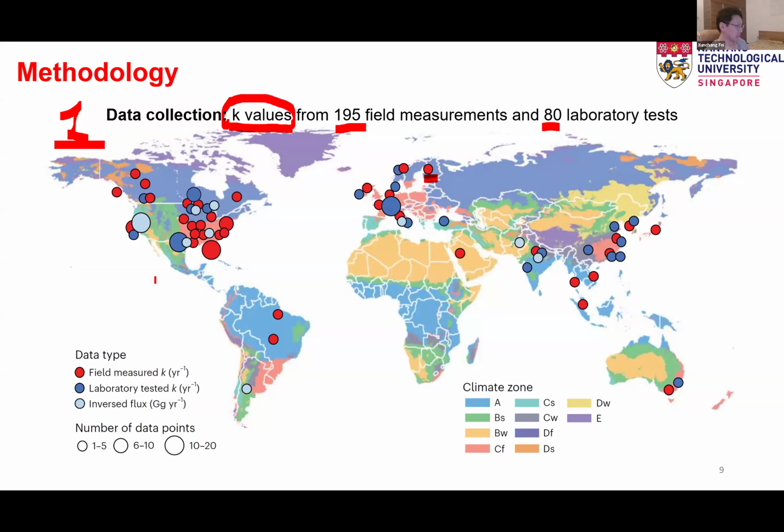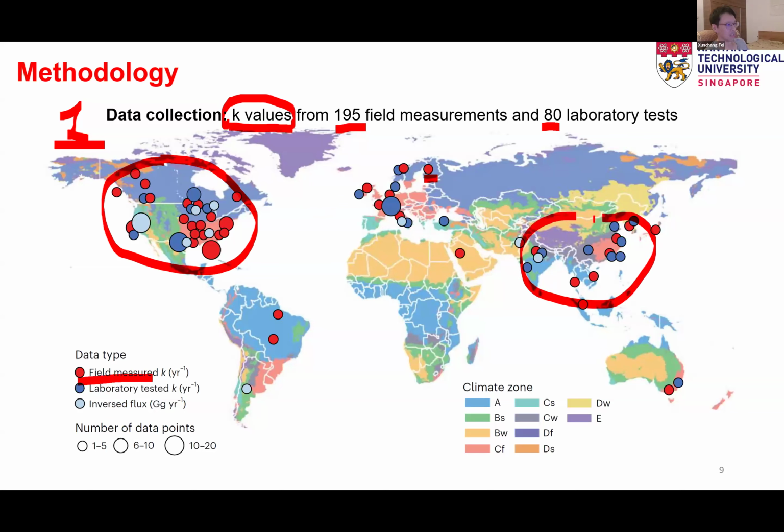Okay, the red circles represent the field measurements. The blue ones are the lab measurements, and some of the light blue ones are actually the satellite image surveillance data. So you can see that we have obviously North America very nicely represented, Asia, South Asia, East Asia, and also part of Europe, and there are a few other places worldwide.